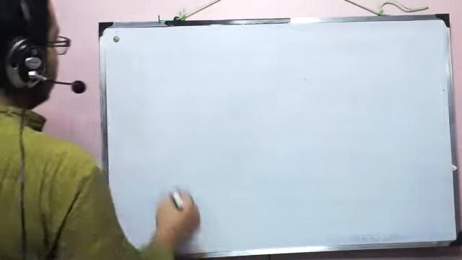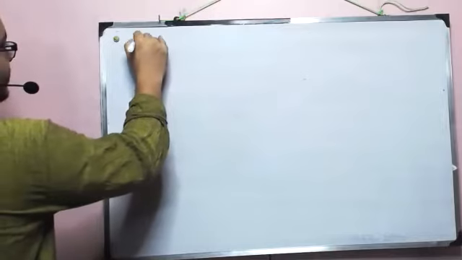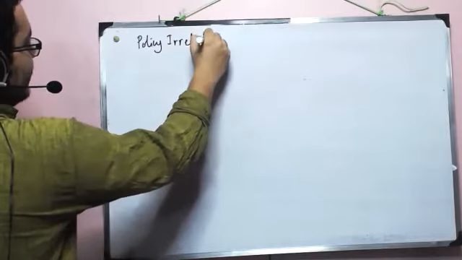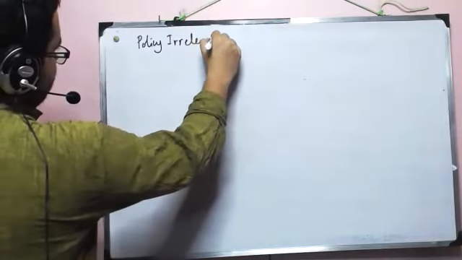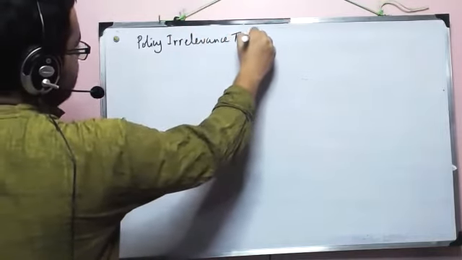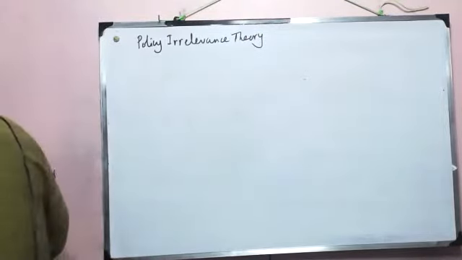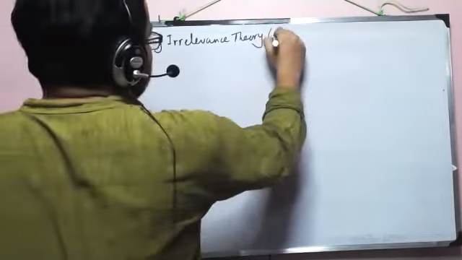So in the next session, we will look at some of the general views. So first of all, we'll look at the policy relevance theory in terms of Phillips curve.